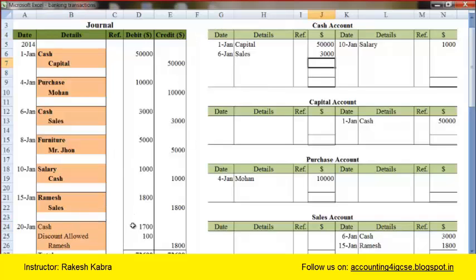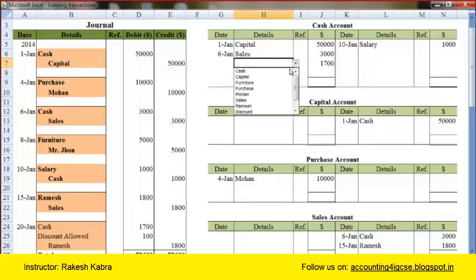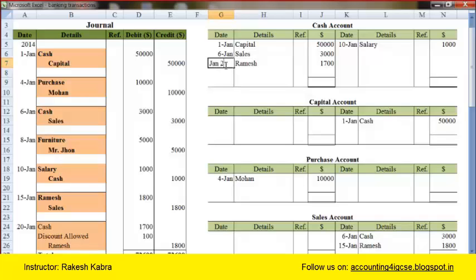And debited with how much amount? 1700. So first put the amount 1700. Okay. And write the name of the opposite account. What is the name of the opposite account? Ramesh. Not discount allowed. Okay, now remember this. Because opposite to debit is credit, and on credit side there is Ramesh only. So I will write the name of Ramesh and put the date January 20.